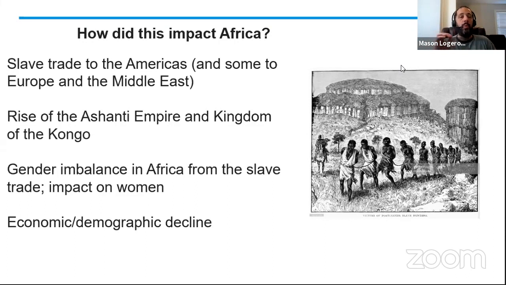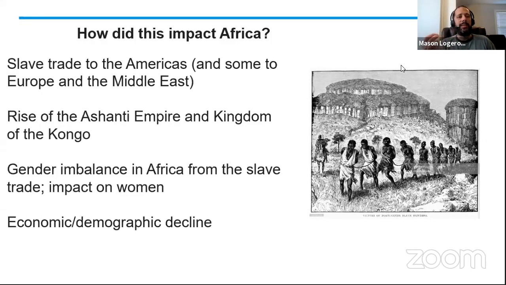Also, we see a population increase in a lot of these centralized governments of Africa, because what you need to remember is that typically speaking, the people that were kidnapped and enslaved usually came from rural areas. If you were by yourself in a rural area, that was extremely unsafe.